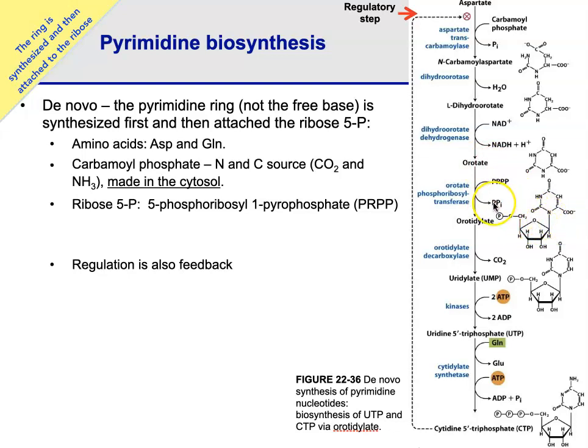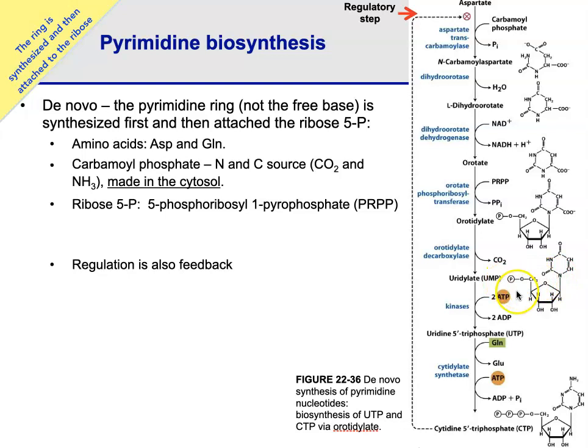The pyrophosphate will be removed, and orotate will be added to the pentose, forming orotate monophosphate, or orotidylate. And then when that molecule is decarboxylated, this carboxyl group will be removed. We form the first common nucleotide known to us, and that is UMP, uracil monophosphate.